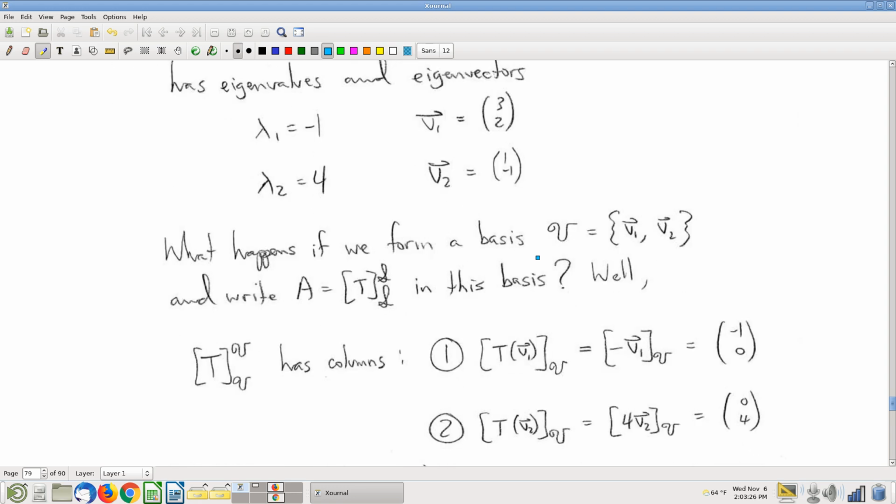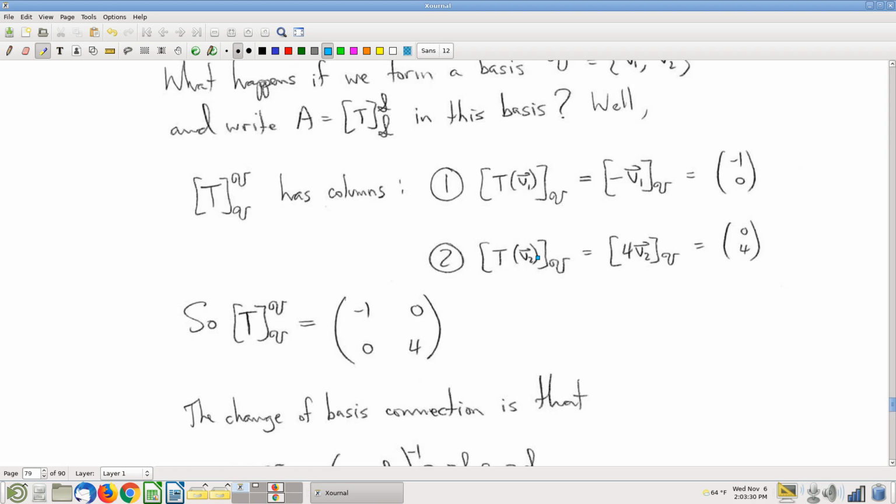And by the way, you can kind of see it happening. Why is this always going to work? How am I going to always get this to be diagonal? Well, one column at a time, this being diagonal happens because that entry is a 0. Why is that entry a 0? Well, it's because this entry is a 0. Well, why is that a 0?